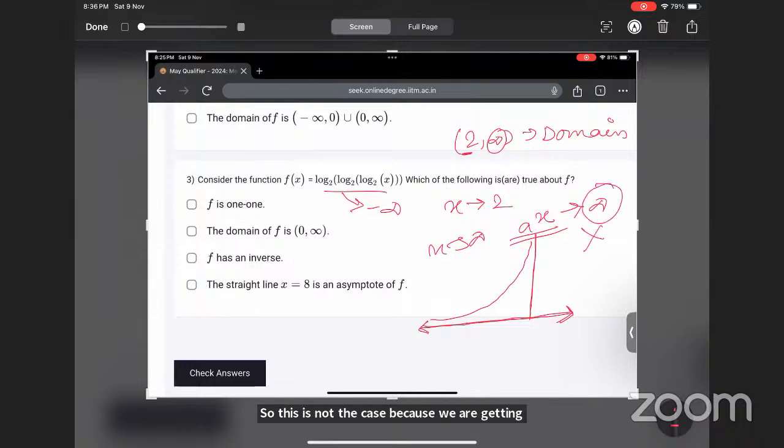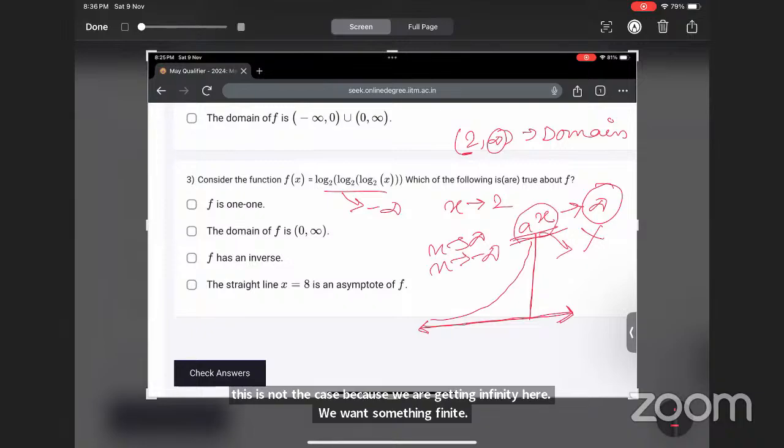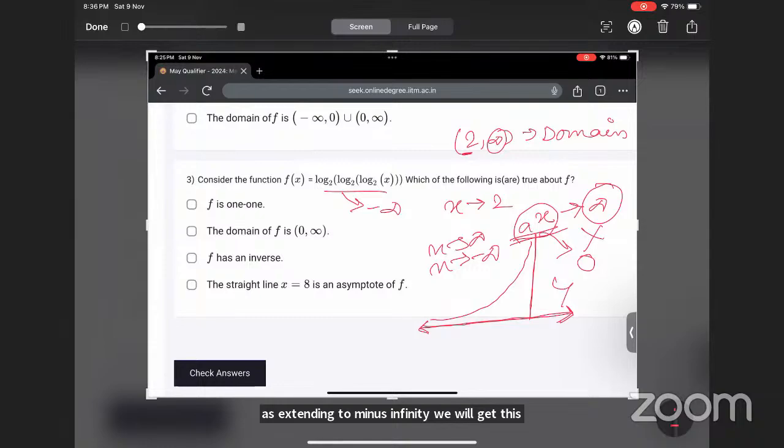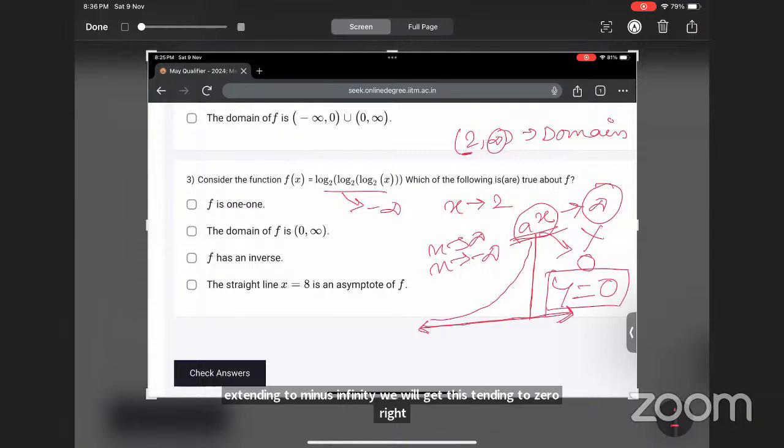We want something finite. As x tends to minus infinity, we will get this tending to 0, right? So y equals 0 is the horizontal asymptote. So it's clear to all of you, right? The type of thing for horizontal asymptote and for vertical asymptote.